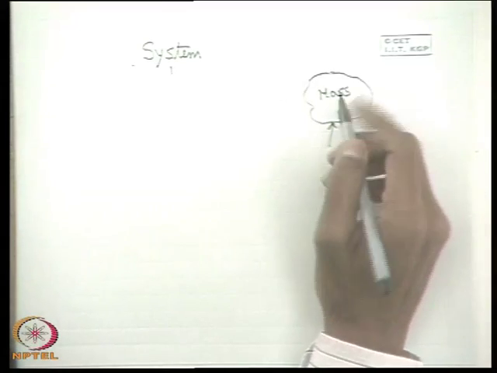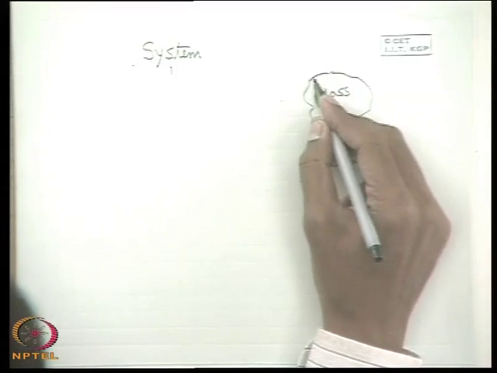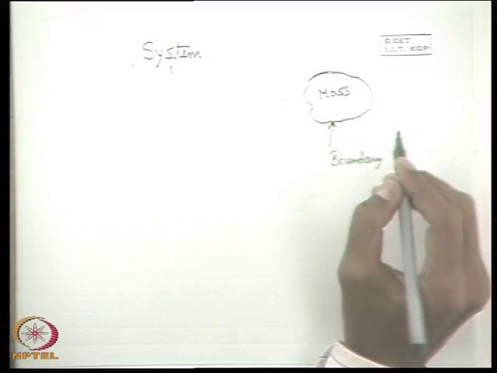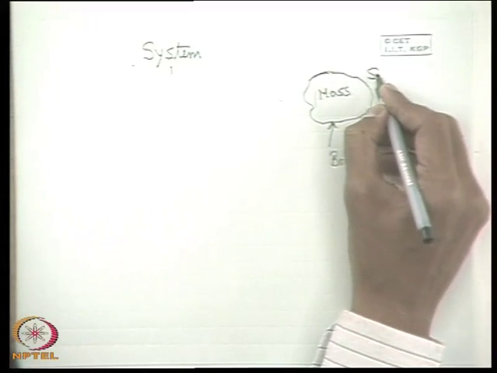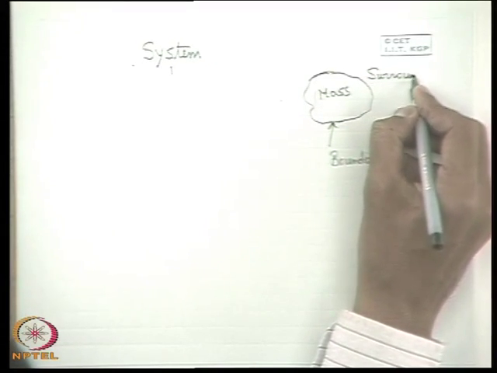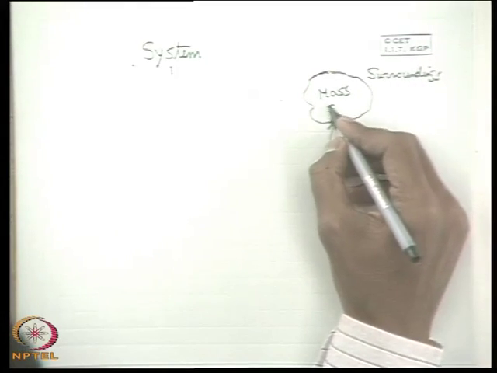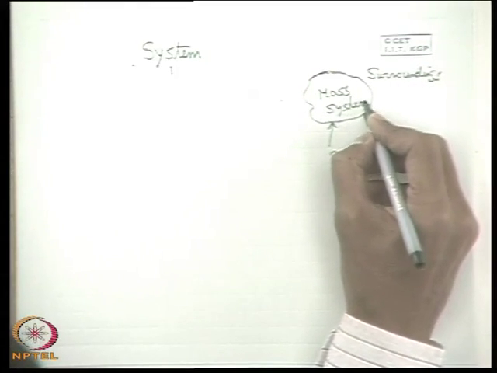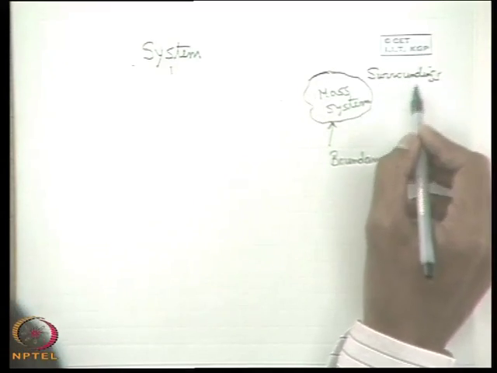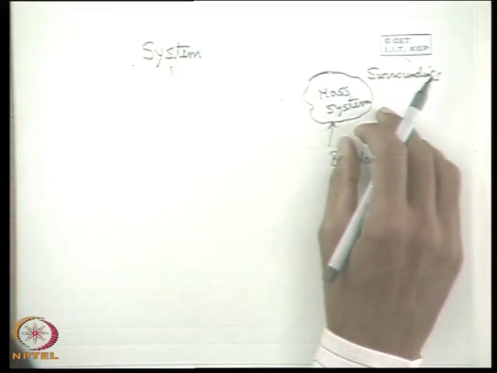So a system has two important characteristics. One is the mass and another is the boundary. And everything external to the boundary is known as surroundings. So this is the definition between a system and its surroundings. Surroundings is everything external to this system. There may be another system.